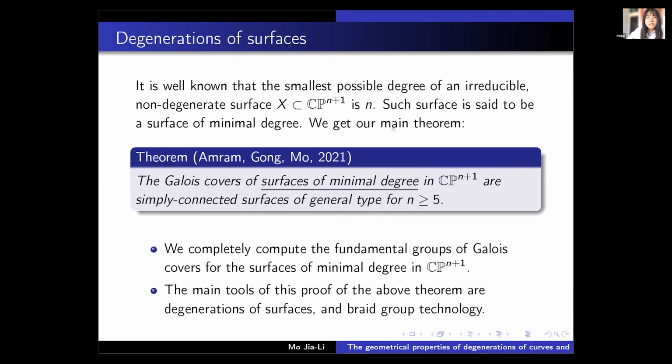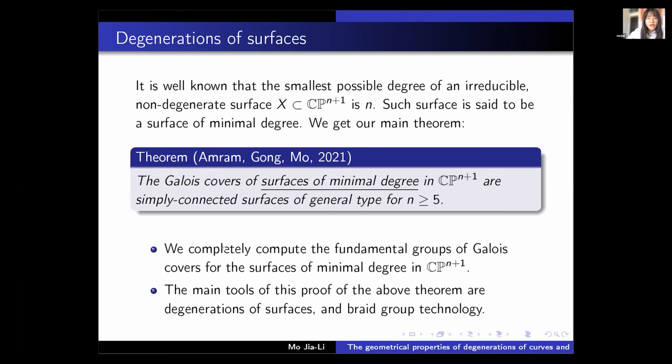We get our main theorem. This theorem was proved by Aran, Gong, and me. As follows, the Gauss curves of surfaces of minimal degree in CP^(n+1) are simply connected surfaces of general type for n greater than or equal to 5.